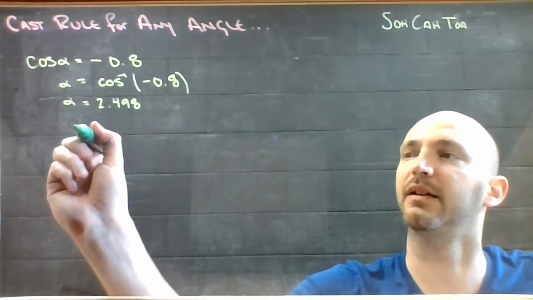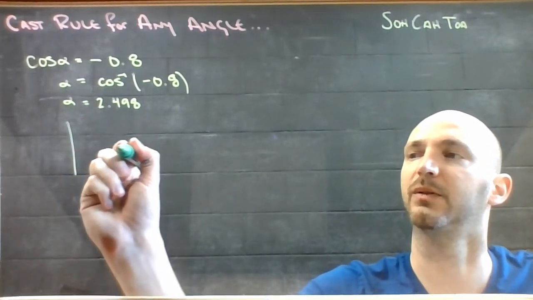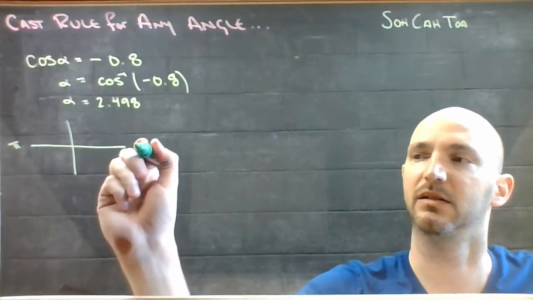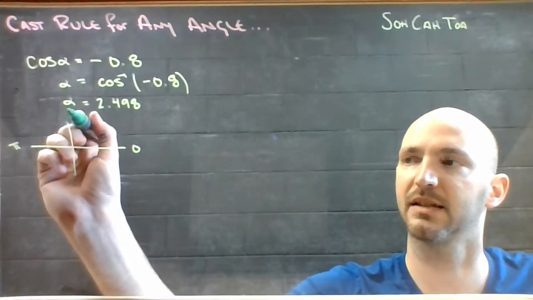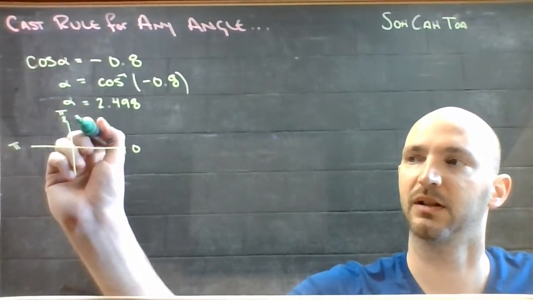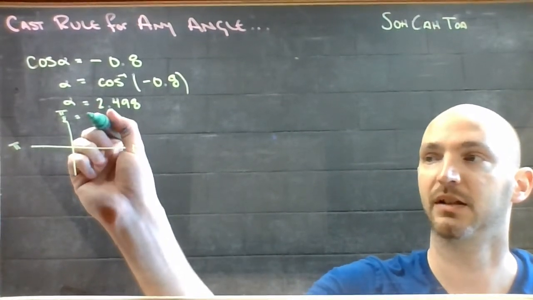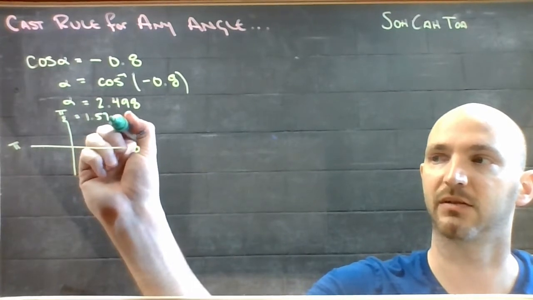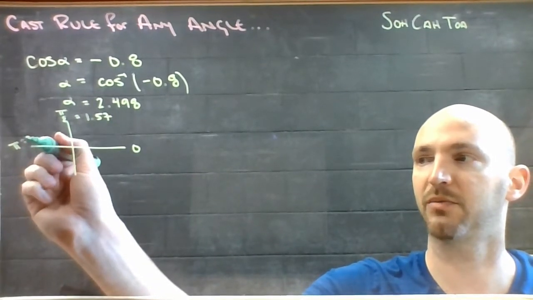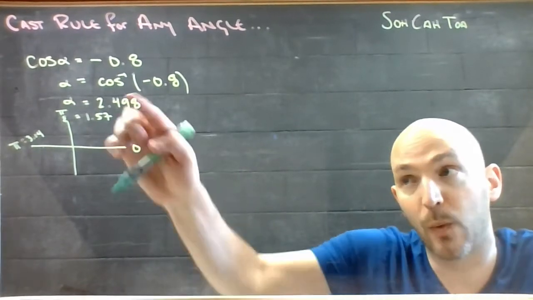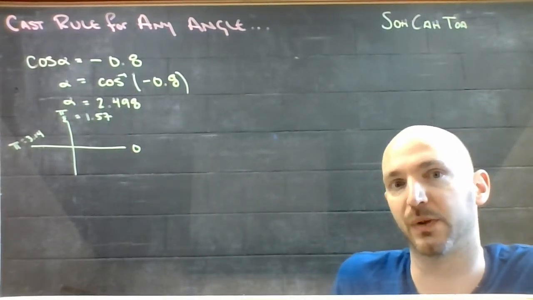So if I were to draw those, pi is over here, 0 is here, and this is pi over 2. Now pi divided by 2, if you actually type it into your calculator, is 1.57, and pi is 3.14. So where is this 2.498?